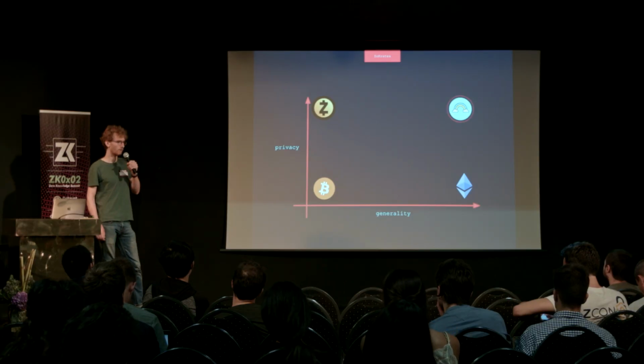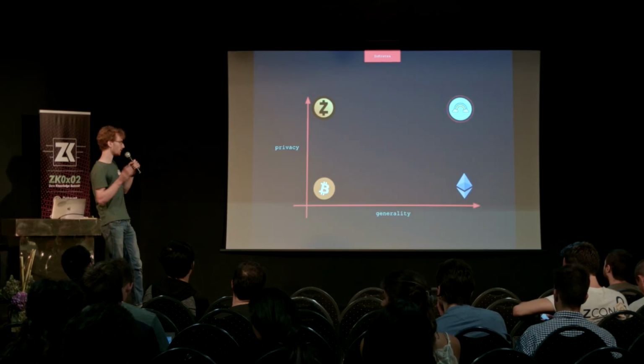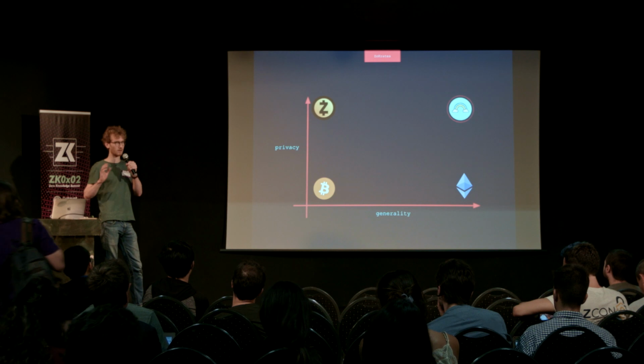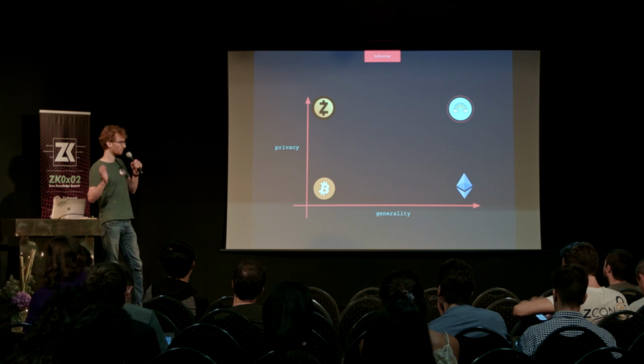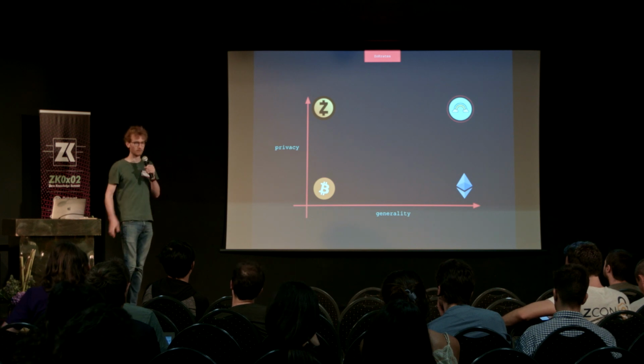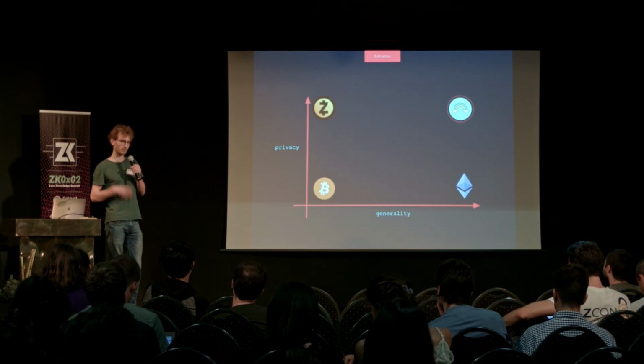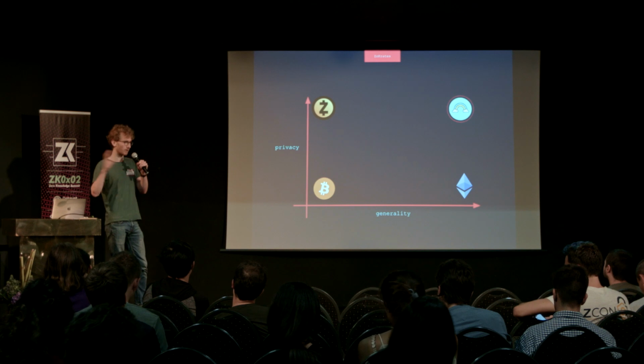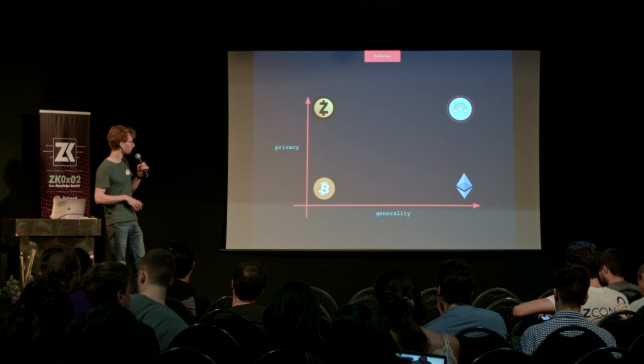So one way we like to think about it is that in the blockchain space, since Bitcoin, we've basically seen two main trends. One trend is towards more generality with Ethereum and smart contracts, and everyone can write whatever they want, and you have all this freedom.